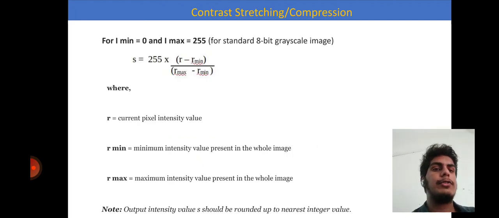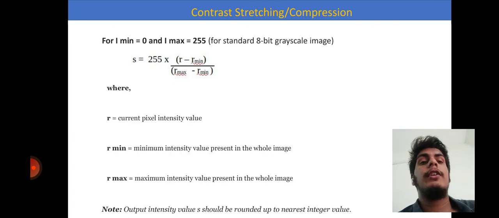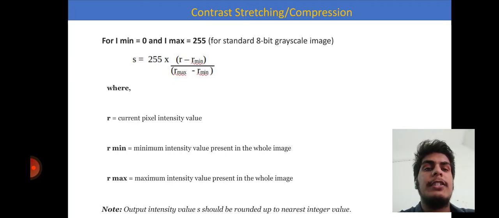For I min equals 0 and I max equals 255, which is the range for a standard 8-bit grayscale image, S equals 255 times (R minus R min) divided by (R max minus R min), because I max minus I min equals 255. Here R is the current pixel intensity value, R min is the minimum intensity value present in the whole image, and R max is the maximum intensity value present in the whole image. Note: the output intensity value S should be rounded to the nearest integer value.